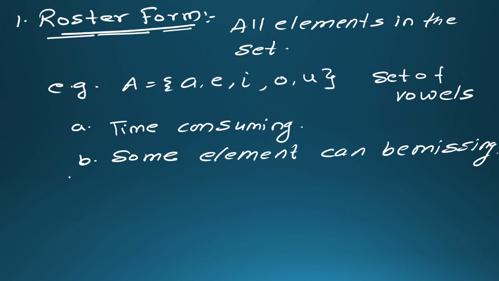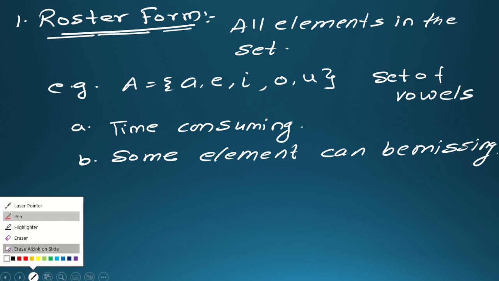So keeping this in view, we are going to introduce another form of representation of sets, and that is called set builder form. What is set builder form? In set builder form, normally we write a capital letter for the set and then a small letter, usually x.